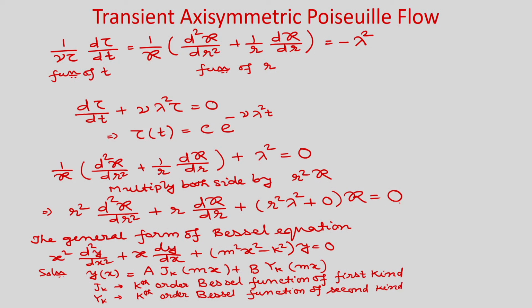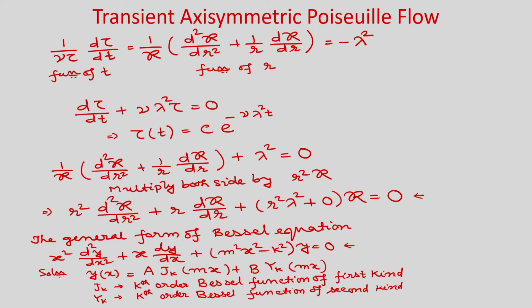Now, you compare these two equations. You can see here k² is 0, so the order of this Bessel function is 0. So the solution we can write as R = a J_0(λr) + b Y_0(λr).